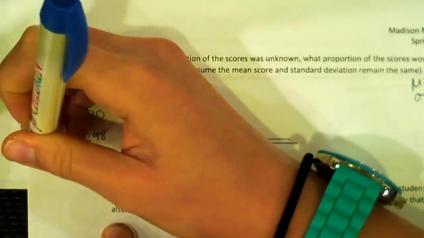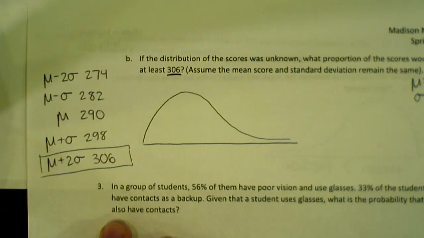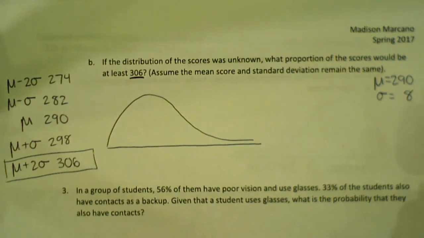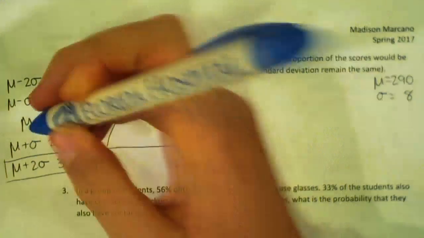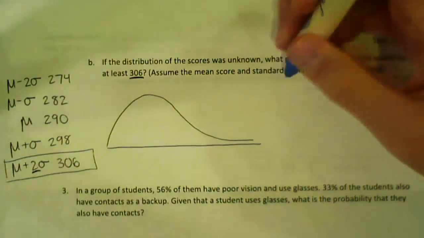So this is what we want. When we're looking at Chebyshev's, we have to consider what k is. So what would k be in our case?